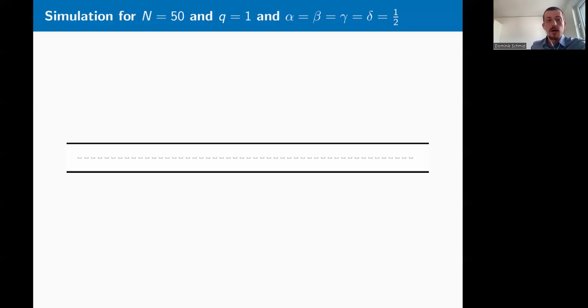So maybe as a little illustration, just to show you how these exclusion processes work. Not only talk about the limit profiles, you see here that if we start off with an empty segment, let's say here, this is for the case of open boundaries, so all parameters equal to a half, and n equal to 50, you can just simulate that and try to run the system.